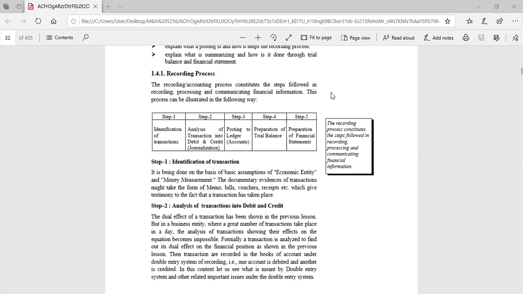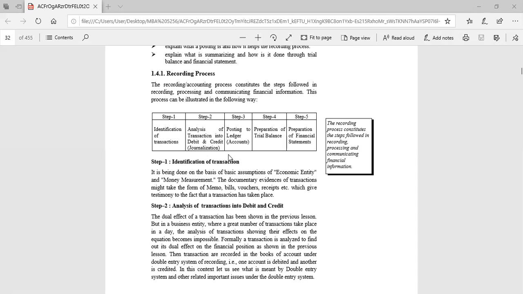The recording process means when a transaction occurs or is incurred in an organization, what are the steps followed to record the transactions in accounting books. The process is given below. Step 1, identify the business transactions. Step 2, analysis of the transactions into debit and credit. That is called journalization. Step 3, posting to the ledger accounts.